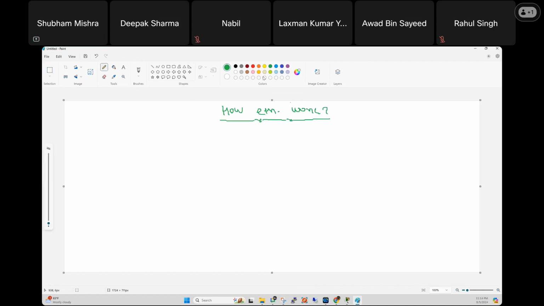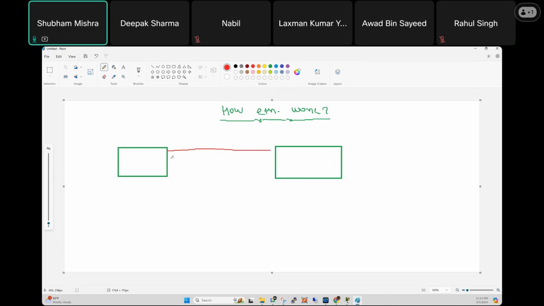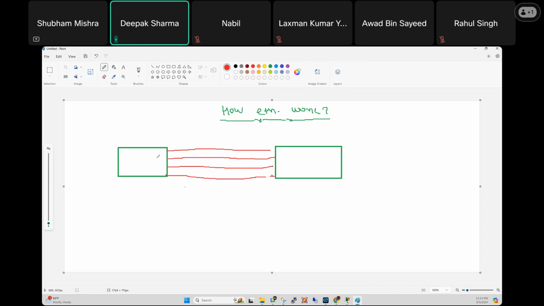How does EtherChannel work? See, for example, we have switch number 1 and switch number 2. We have 2 switches and there are 4 links connected. Now let's suppose we configure EtherChannel here on switch number 1.